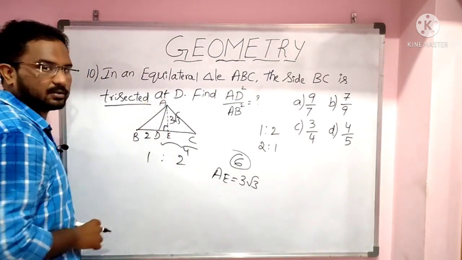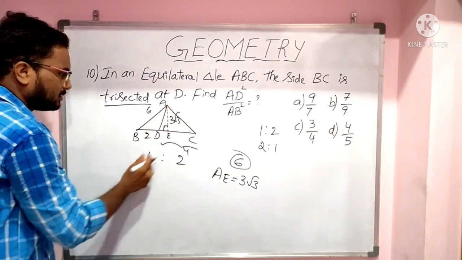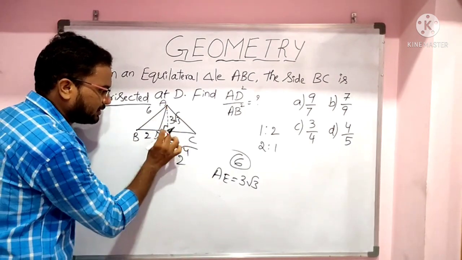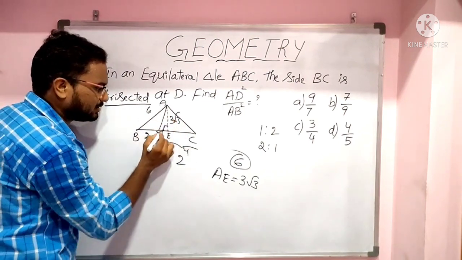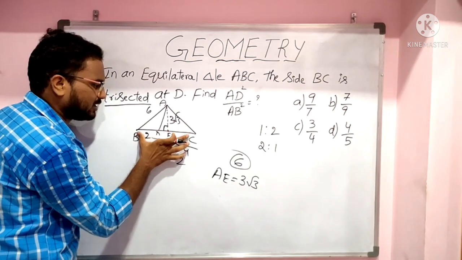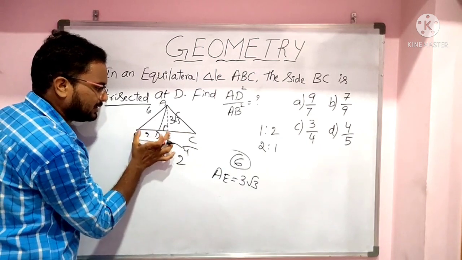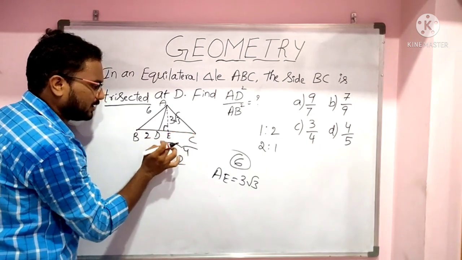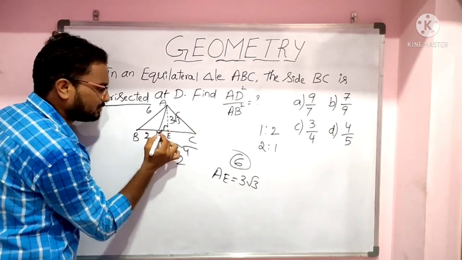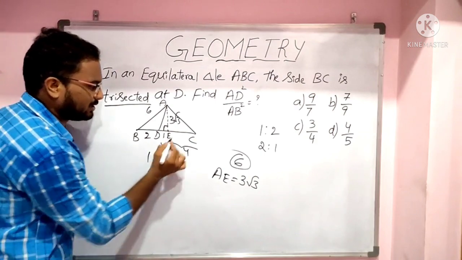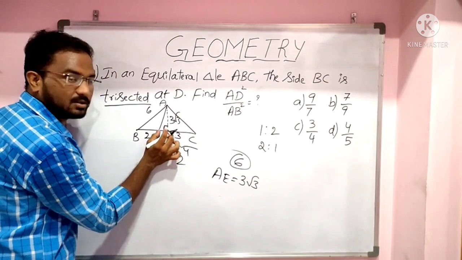In an equilateral triangle, height and median are the same, so E is the midpoint of BC. So if BC is 6, then BE is 3 and EC is 3. Already BD is 2, so DE is 1.